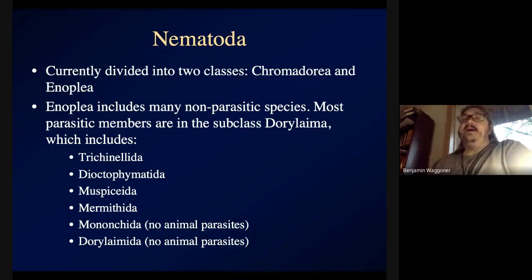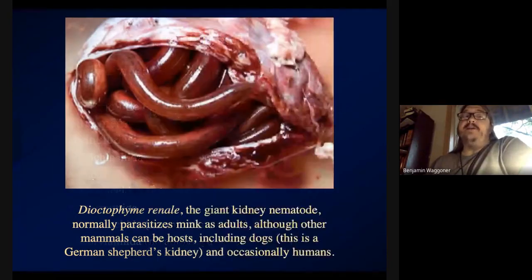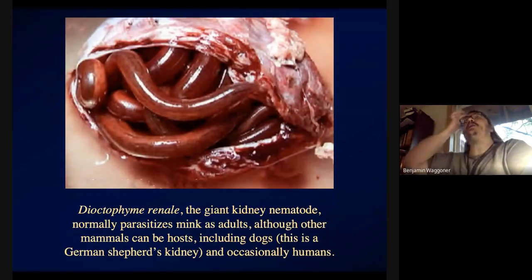Should have warned you. Great example of Dioctophymatida is Dioctophyma renale, the kidney nematode. Normally it is a parasite of mink. There are other mammals that can be hosts. Normally you get this from consuming fish.